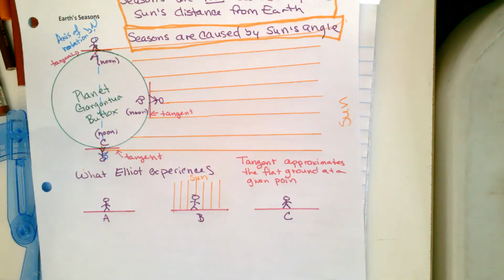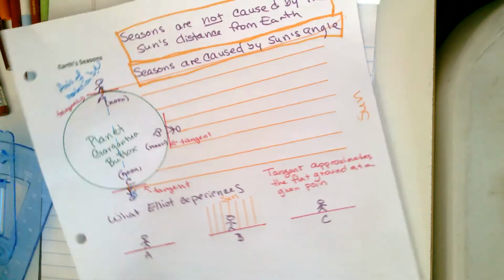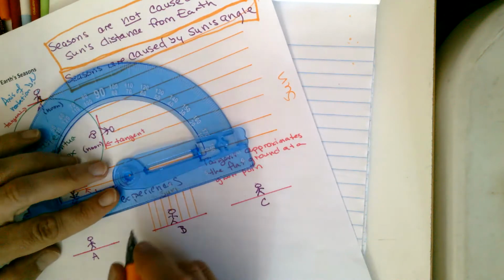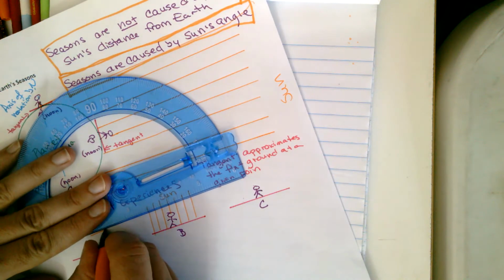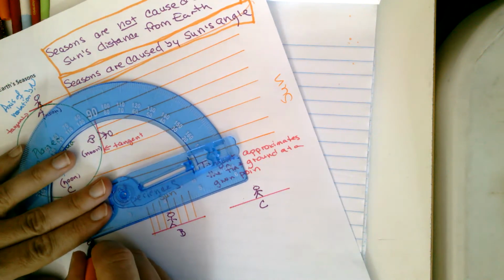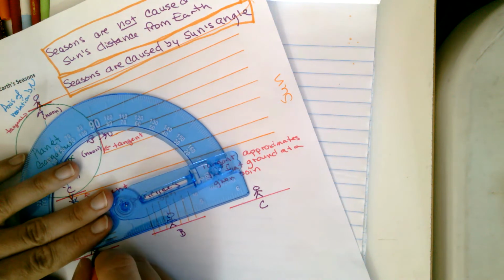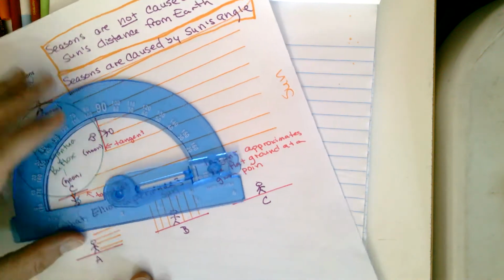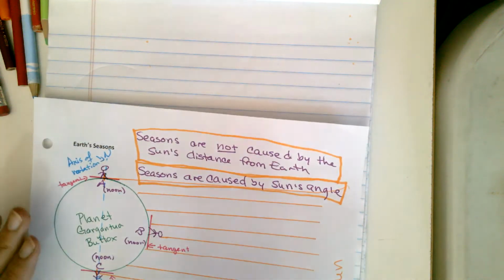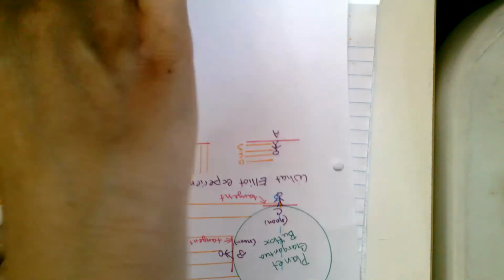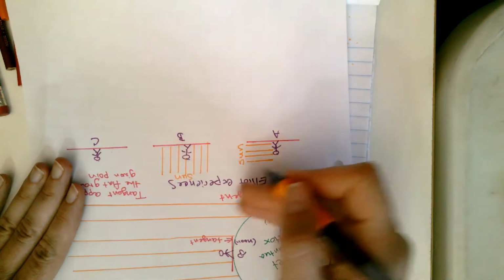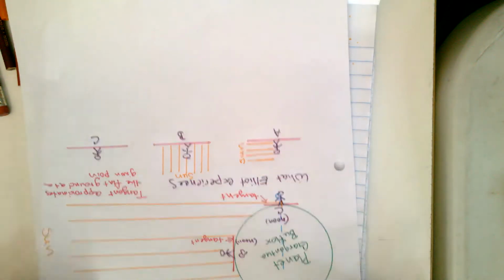So when these two Elliots want to look at the sun, they put their arm straight out like this. And the sun would be in this direction. So the sun is over here. The sun is over in this direction for this Elliot down here.